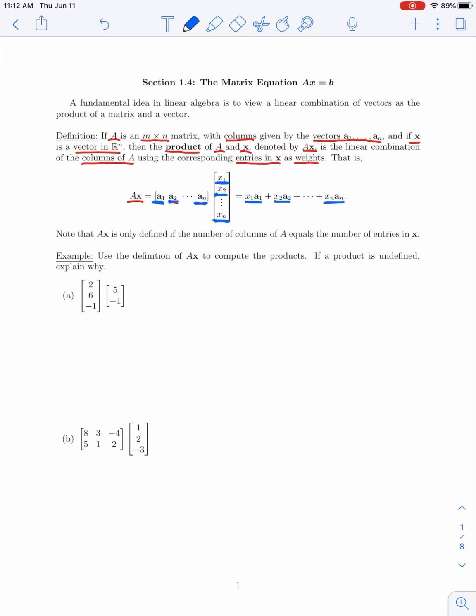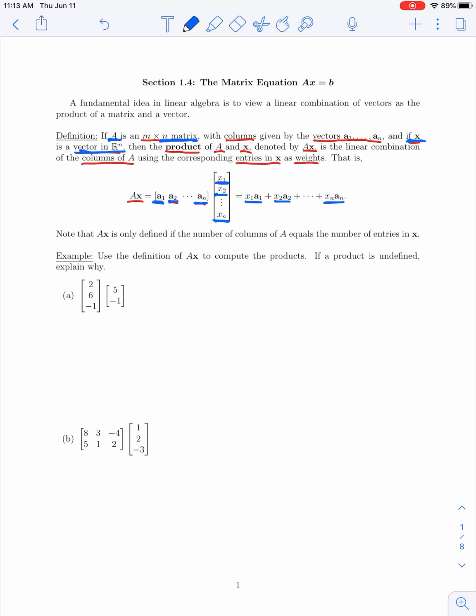Now, one thing to note here is that the product of a matrix and a vector cannot be defined for any matrix and any vector. So one subtle thing in our definition here, the matrix A that we're considering is an M by N matrix. So it has N columns, and the vector X that we're considering must be a vector in Rn.